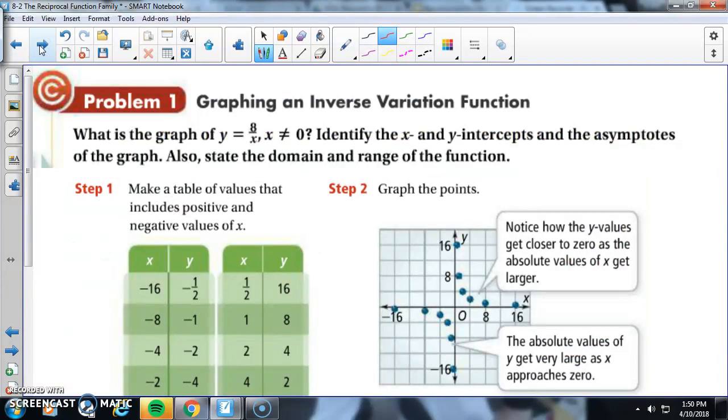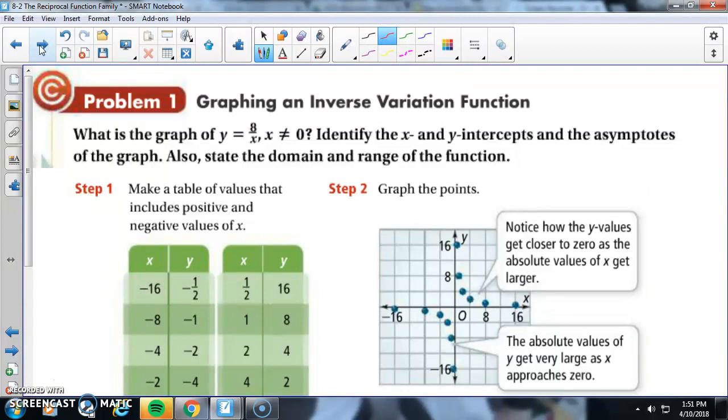Graphing an inverse variation function. What is the graph of y is equal to 8 over x when x does not equal 0? The reason x cannot equal 0 is because if we plug in 0 for x, we will get an undefined value. So therefore, we are going to have what is called an asymptote at x equals 0, and at y equals 0.